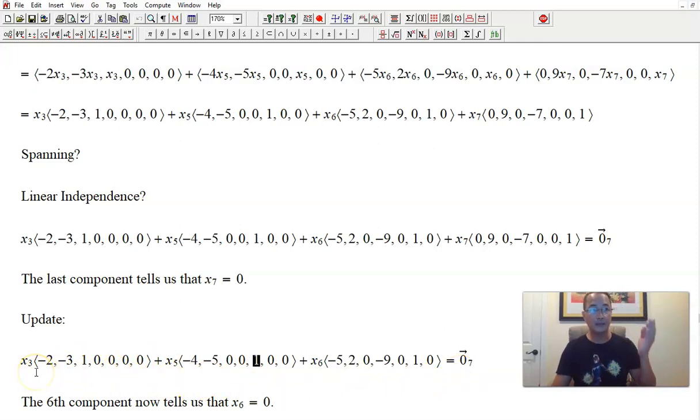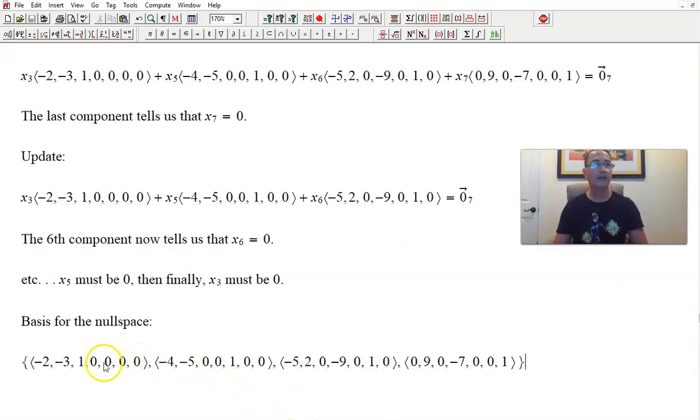Either the scalar is 0 or the vector is the 0 vector. That's the zero factors theorem from chapter 1. I hope you remember that. So that's not the 0 vector, so therefore x3 has to be 0. All of the coefficients have to be 0, so that tells us that our 4 vectors are linearly independent.